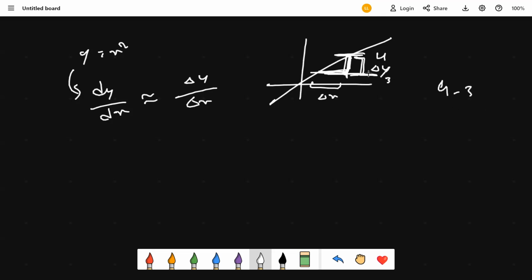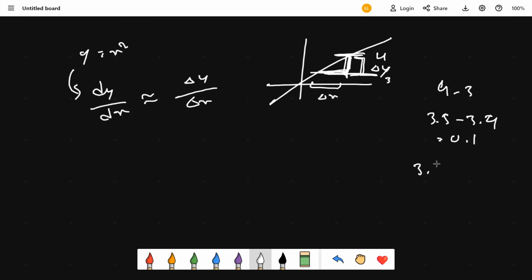Now, we try to reduce this distance. So let's say we consider 3.5, and here we have 3.4, and that is equal to 0.1. And we try to reduce it further.